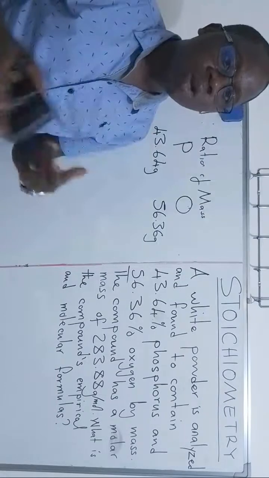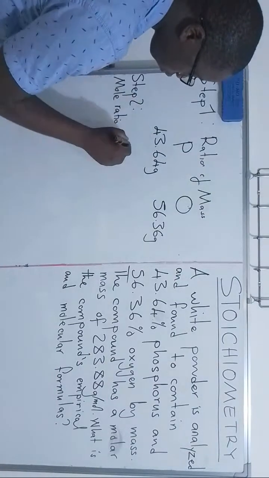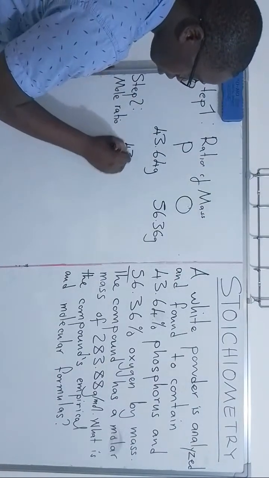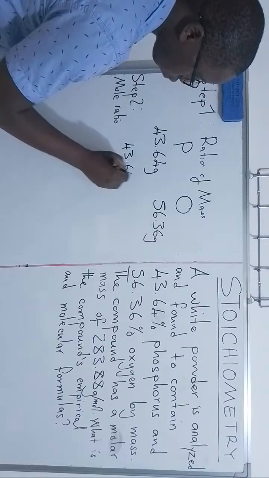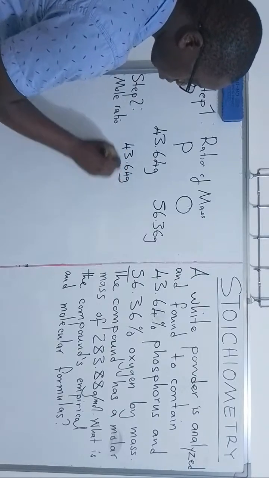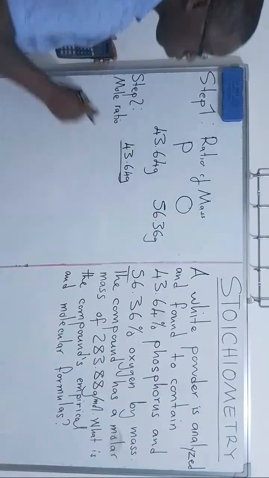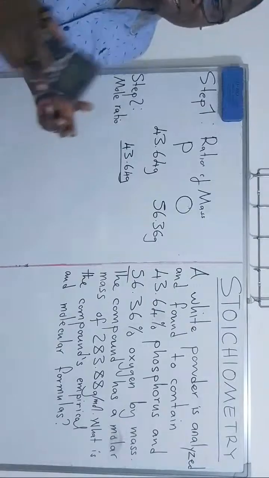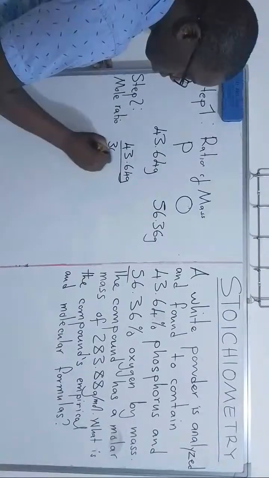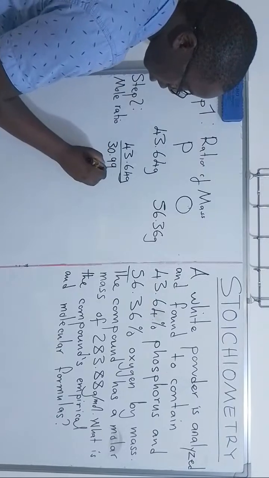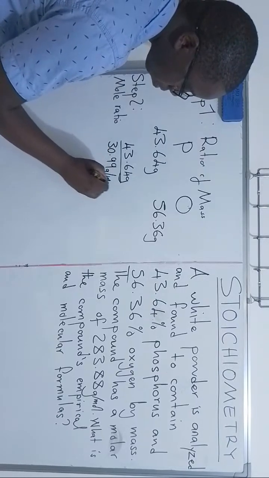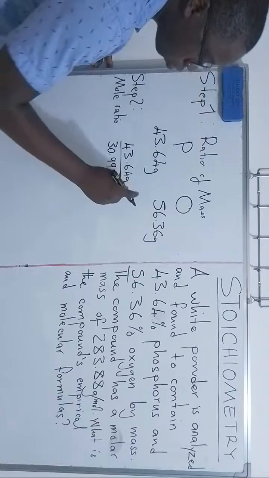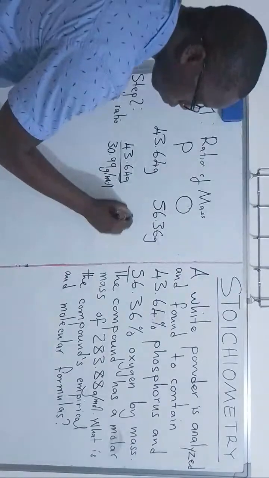So the mass for phosphorus is 43.64 grams. Then the relative molecular mass for phosphorus is 30.99 grams per mole.